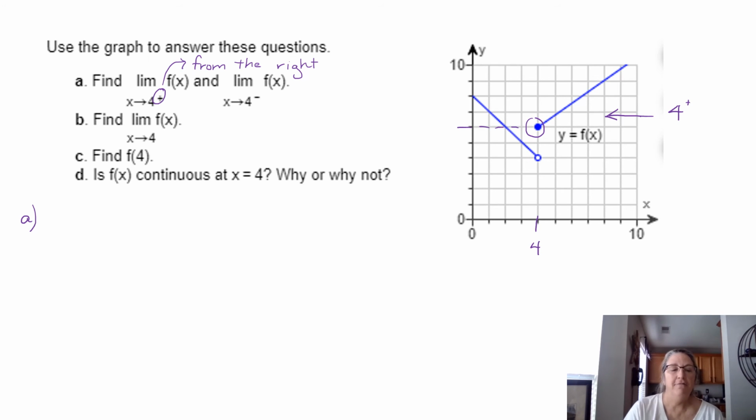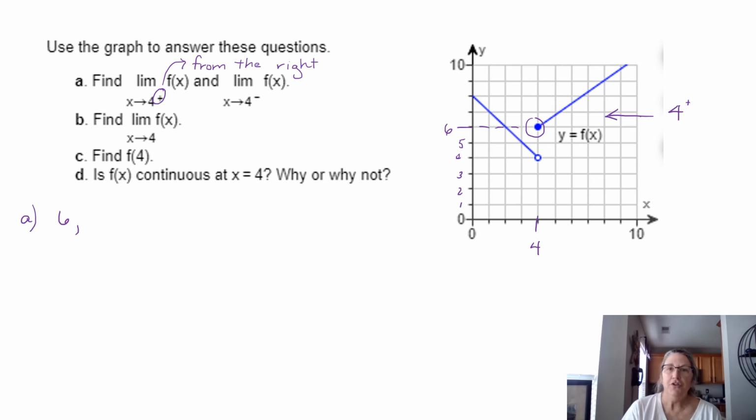And that y value is 1, 2, 3, 4, 5, 6. So the limit as x approaches 4 with the positive in the exponent, that tells us that the first answer is 6.